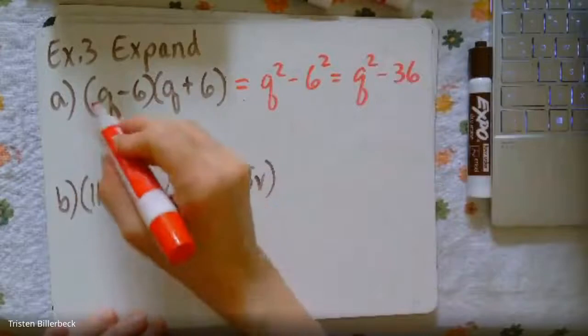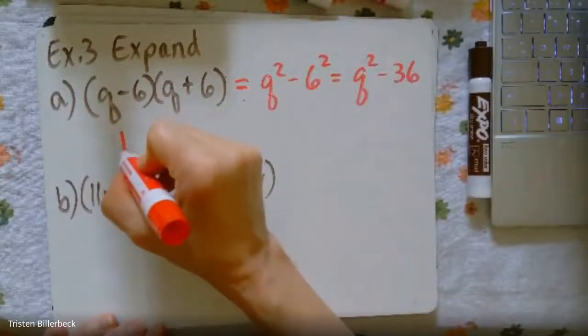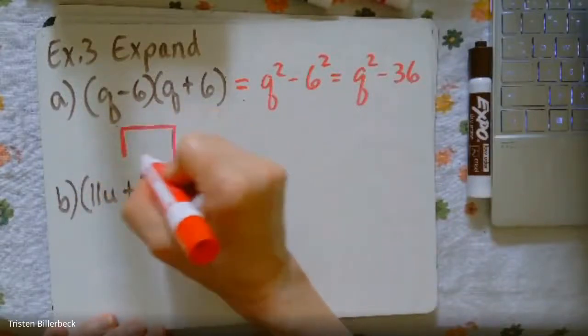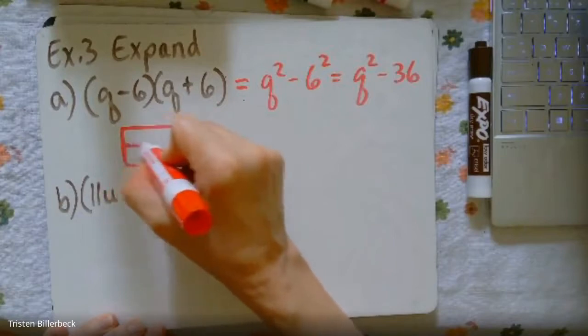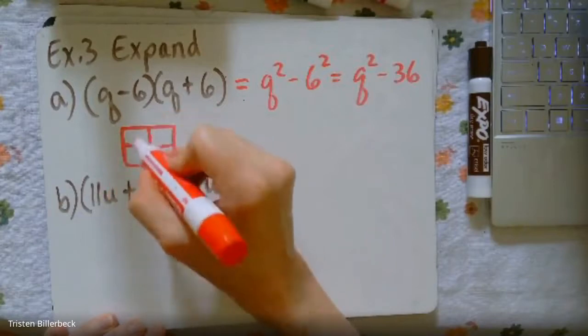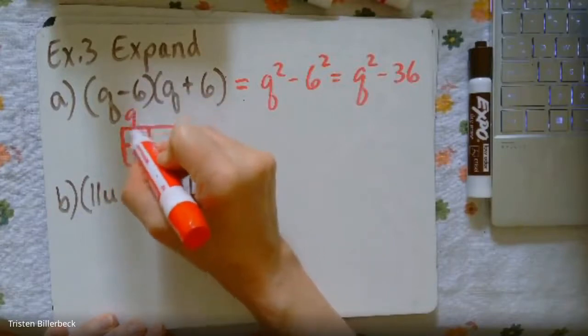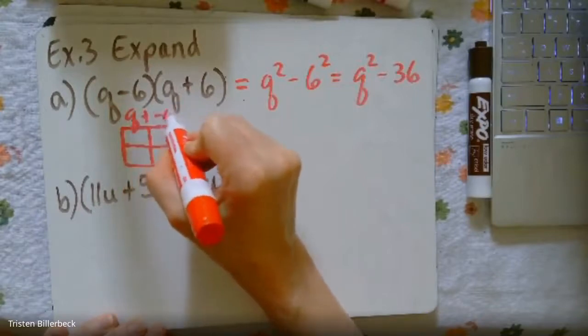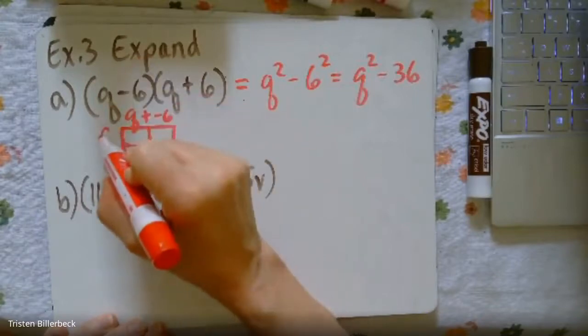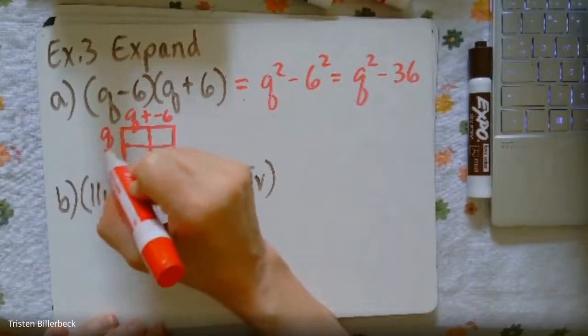Now, if we had FOILed this out, let me just show you with the box what happens here. It's really visible when you use the box. We have q minus 6 and q plus 6.